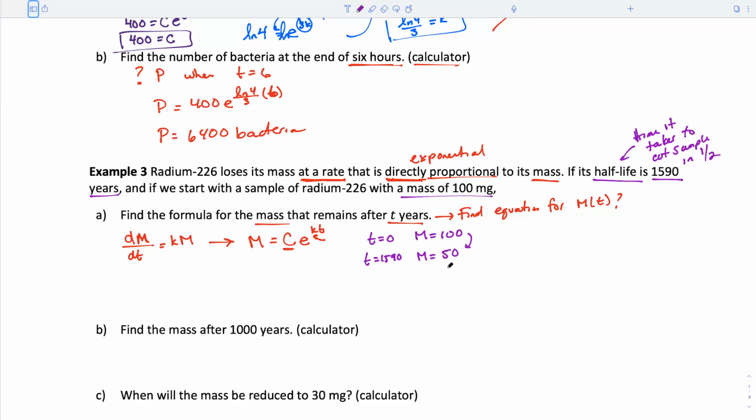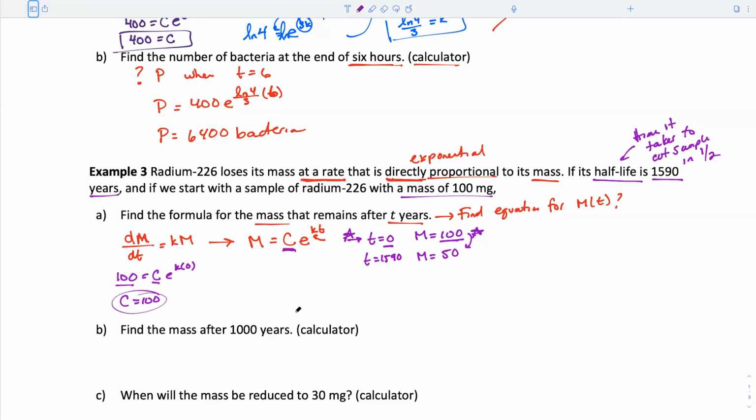Now, you will start seeing a pattern, right? Whenever they give you t equals 0, and that's going to be 100, obviously that's going to be our c, right? Because if we plug in 100 equals c e to the k times 0, it's always going to be what c is. So c is 100. And we know from all other exponential functions that the y-intercept is represented by the coefficient at the beginning of an exponential function when t is 0.